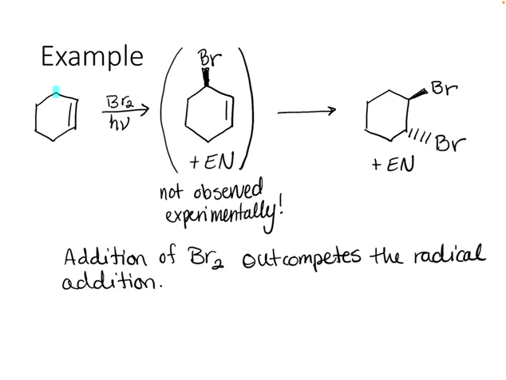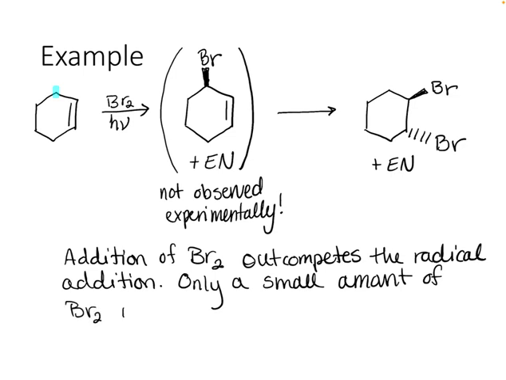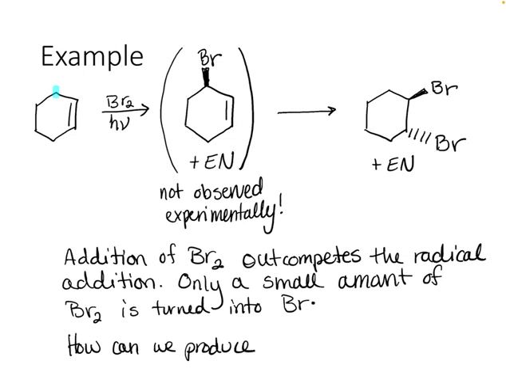Now, the reason for that as well is only a small amount of Br2 is turned into a radical. So how can we produce the allylic halogen?